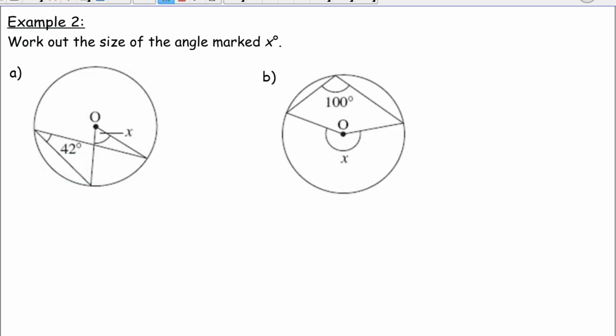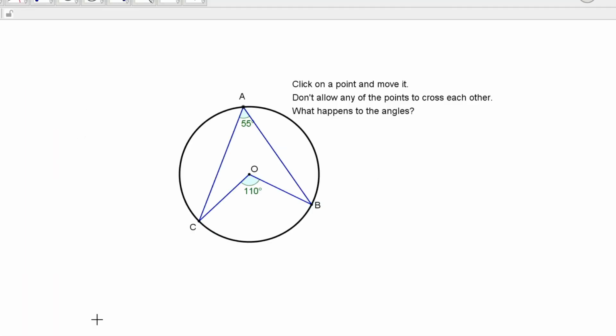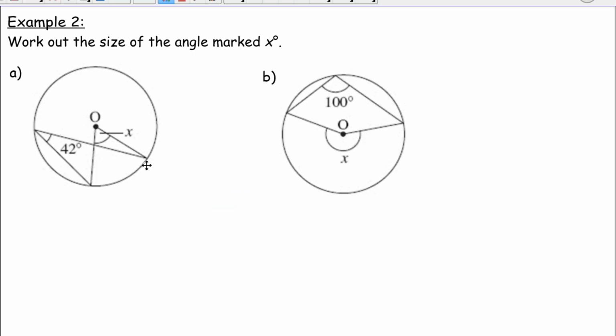Example 2, work out the size of the angle marked x. Again, what we can see here is the same idea. If you look at the application that we used to investigate this situation, if I move that bit there, we have the same situation as what we have here. The same theorem still applies here.